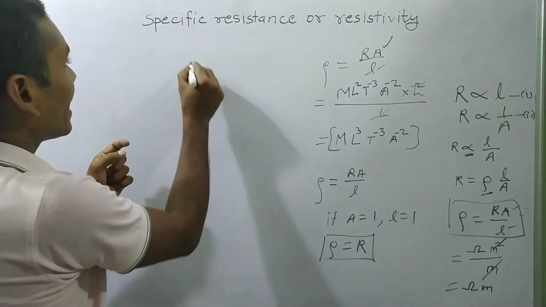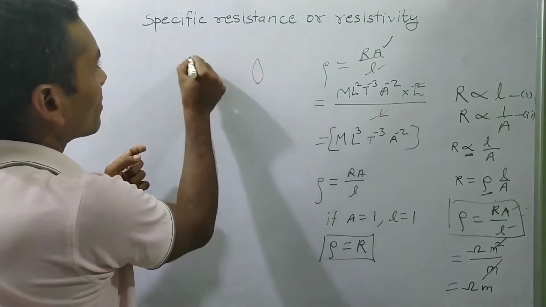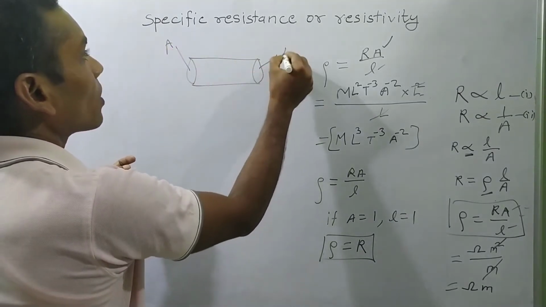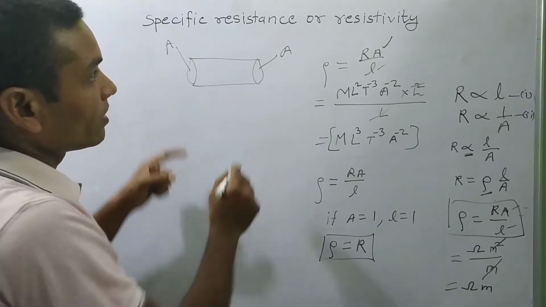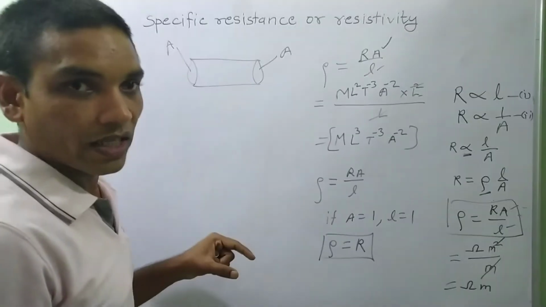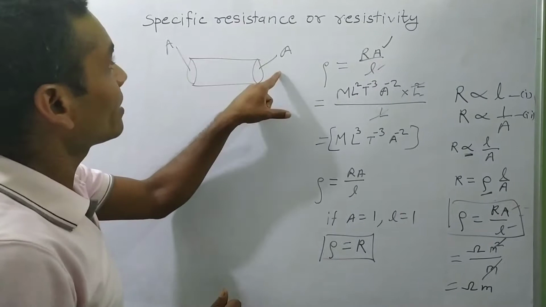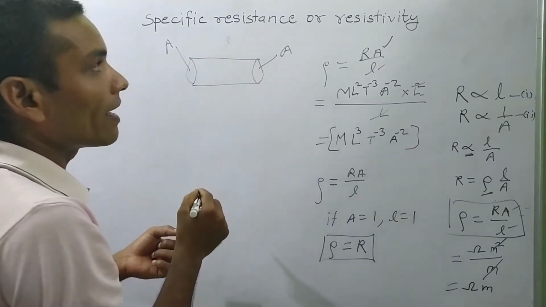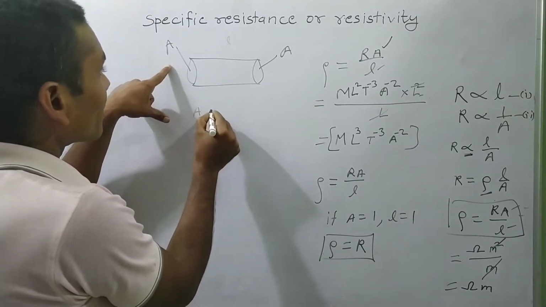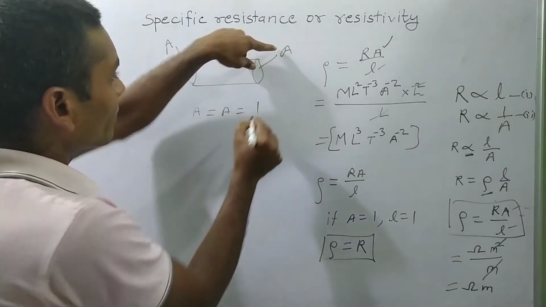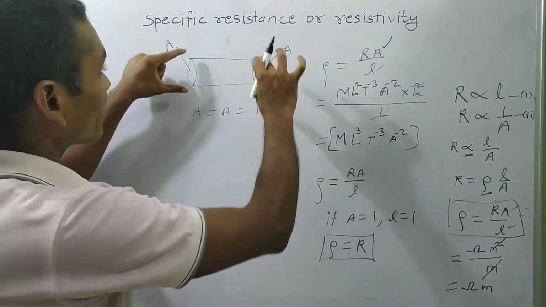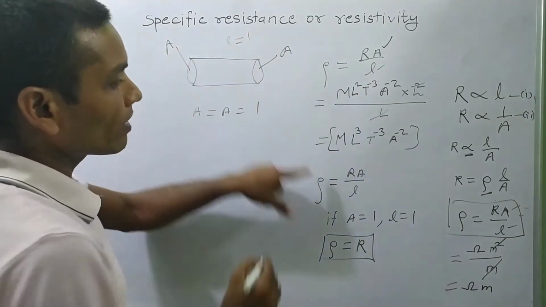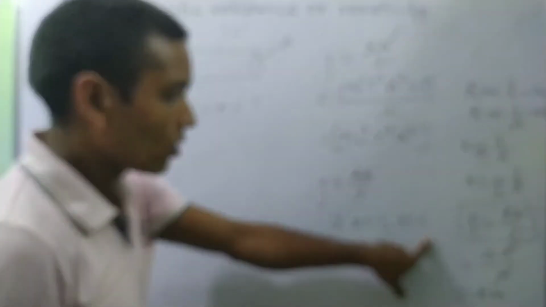Look at this. This is the conductor. This is the cross-sectional area. This is also the cross-sectional area. This is a uniform cross-sectional area, that's why the cross-sectional areas will be the same, and the length is L. A is also 1, and let the distance between the two faces be 1.